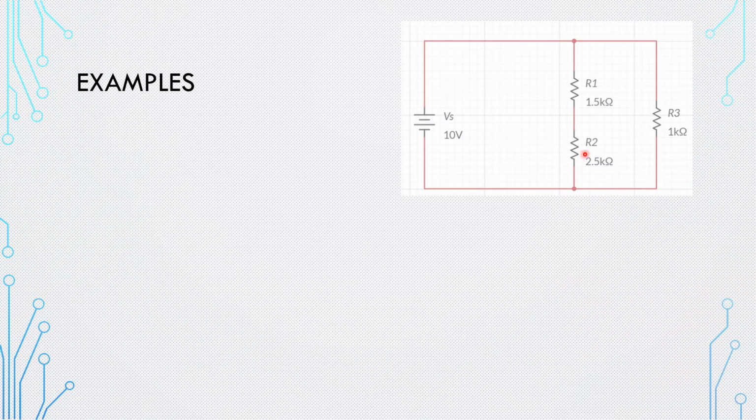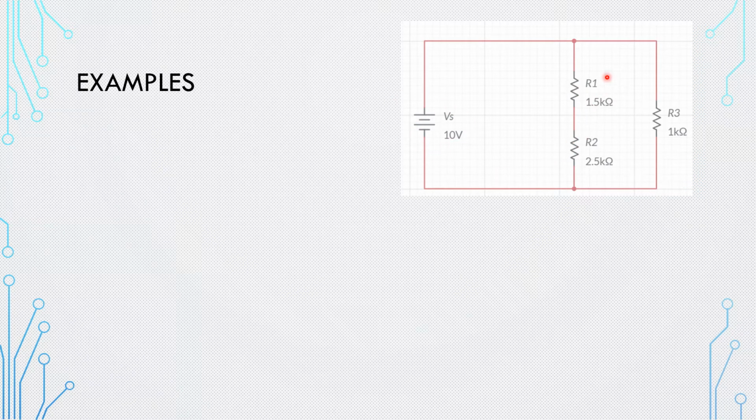Okay, let's have another example, a different connection. In this connection, you can see R2 and R1 are connected in series, and all of them are connected in parallel with R3. Okay, what about the voltage? Can I say that since they are in parallel, R1 and R2 have the same voltage as the voltage source?